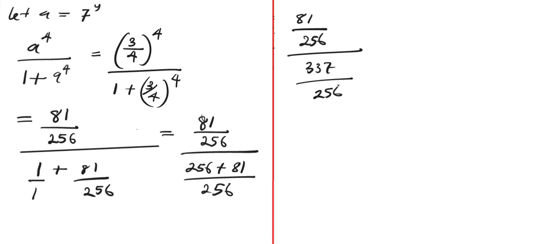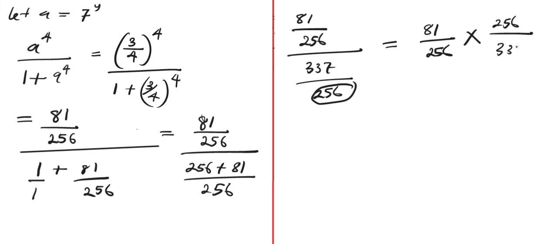This equals 81 over 256 times, these will go up, 256 divided by, and these come down, we have 337. So 256 cancels 256, and we have 81 over 337. This becomes the final answer.